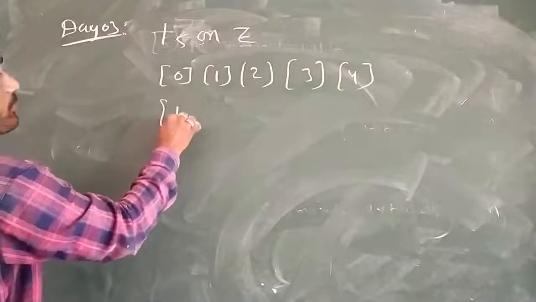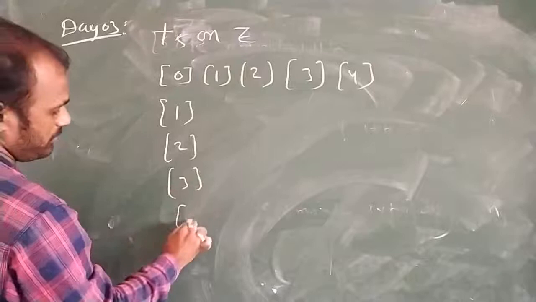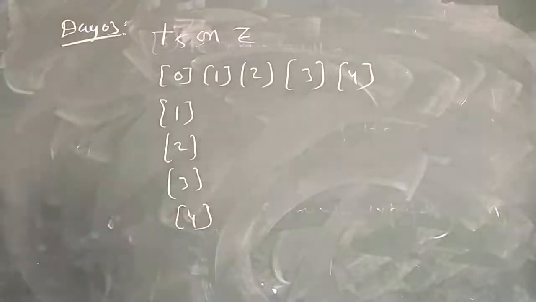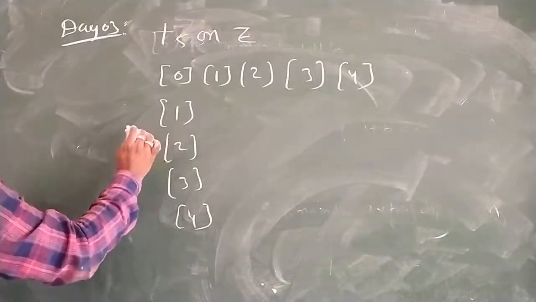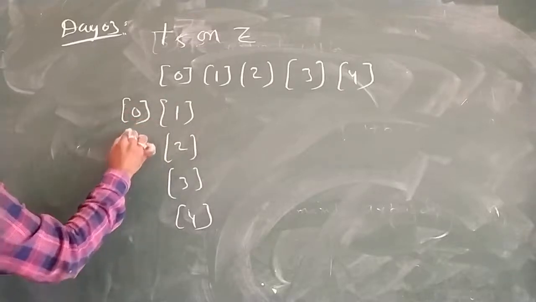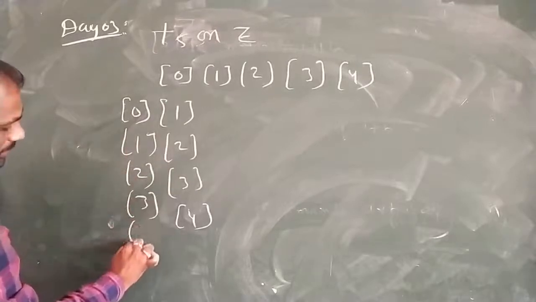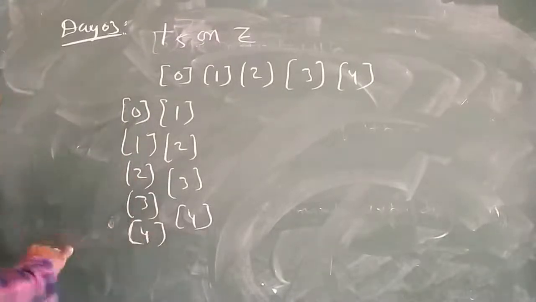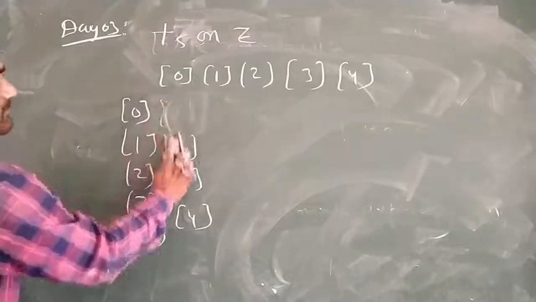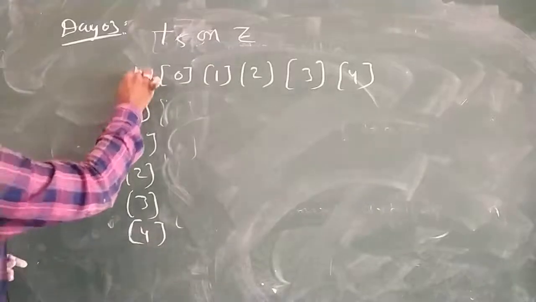Here also the same, 0, 1, 2, 3, 4 in the columns. These are the moduli. So we need to apply the arithmetic.